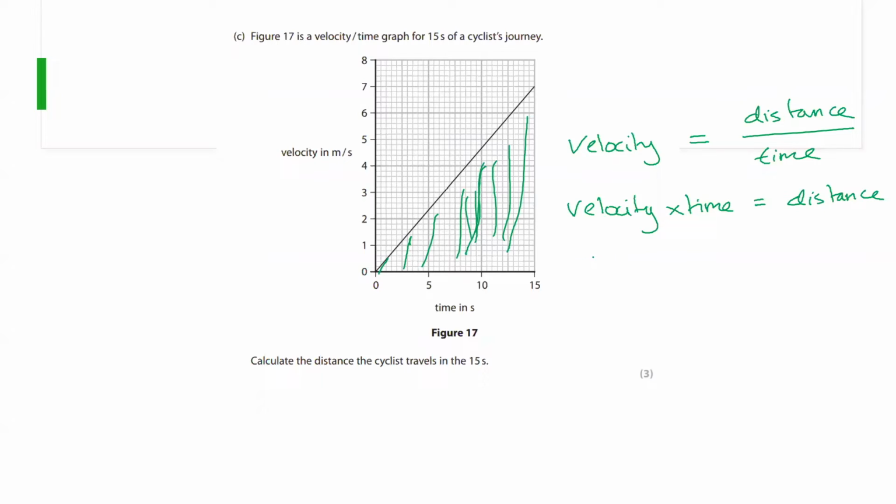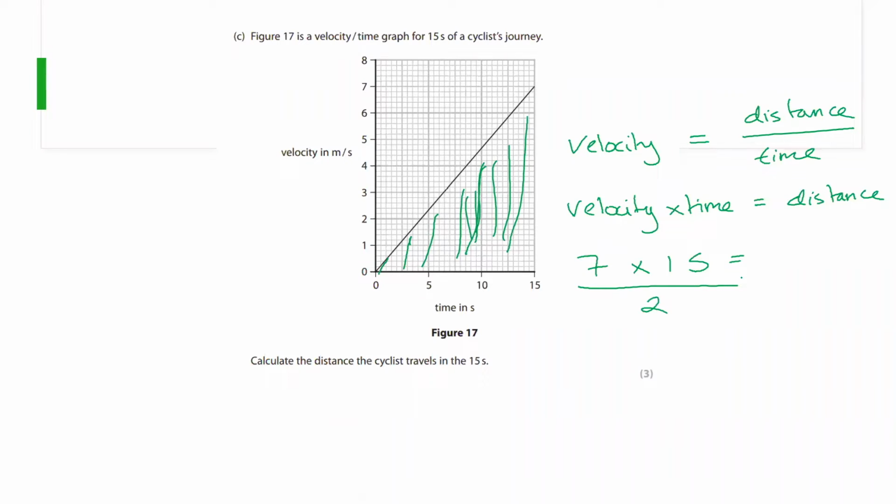Okay, so we've got velocity. So to calculate the distance, up to here we've got 7 times 15. It's a triangle. So if we did 7 times 15, we'd get a square, so we need to divide that by 2.